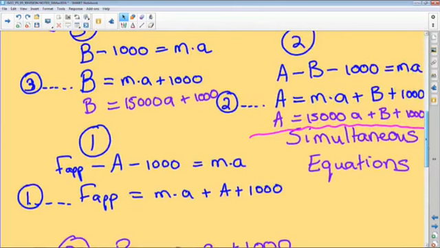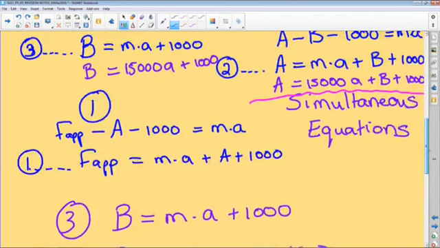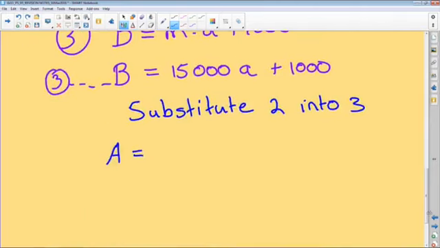So equation 2 has got A being equal to, let's just have a look here, MA plus B plus 1000. A is equal to MA plus B plus 1,000.